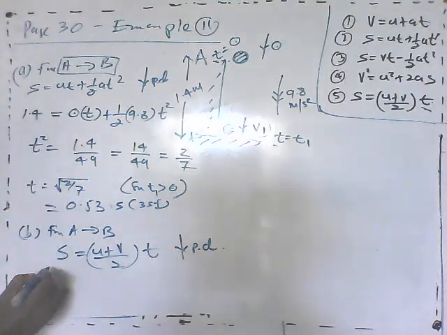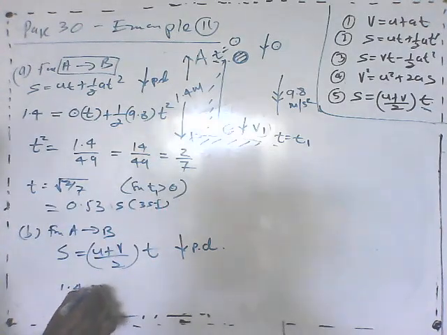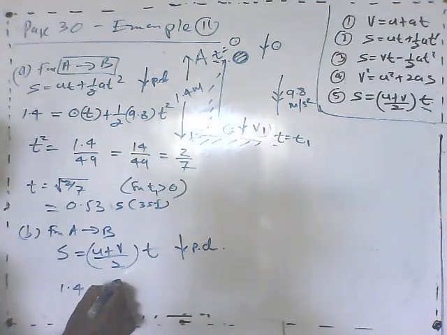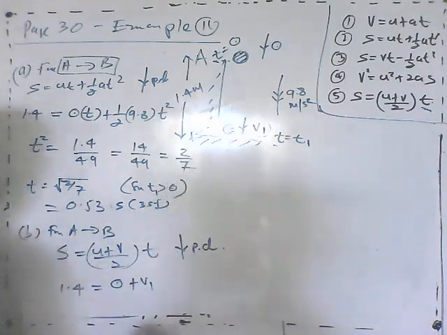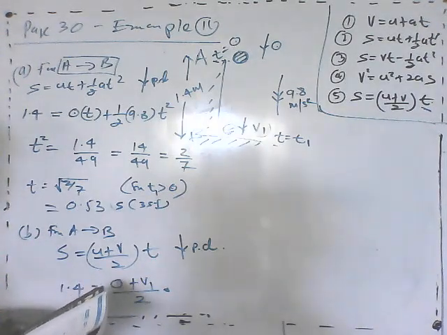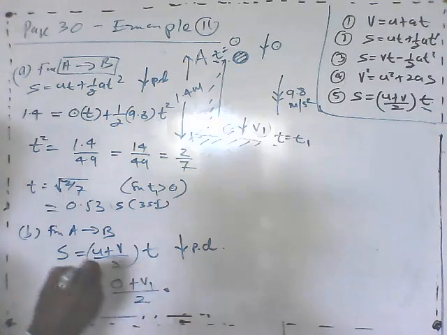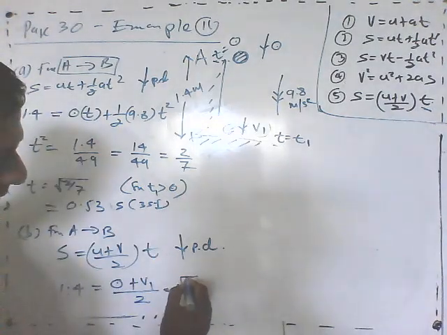Then we get the displacement 1.4, initial velocity is 0, plus final is v1, that is what we are now going to find, divided by 2, into t, which is root 2 over 7.